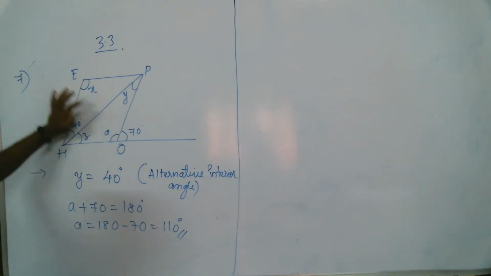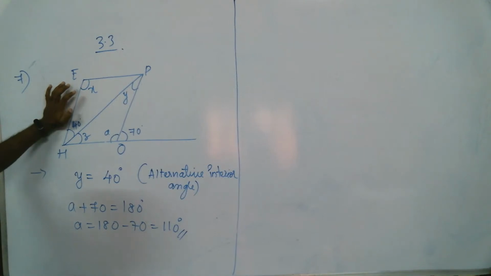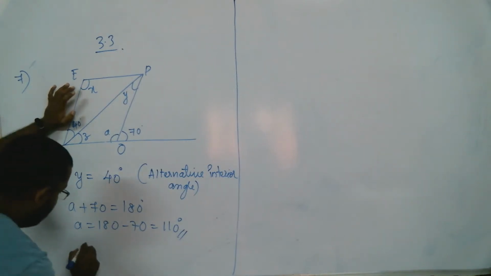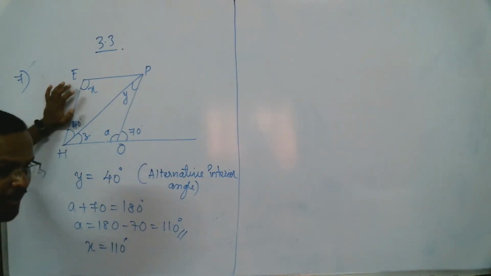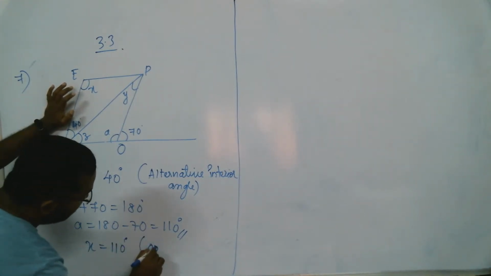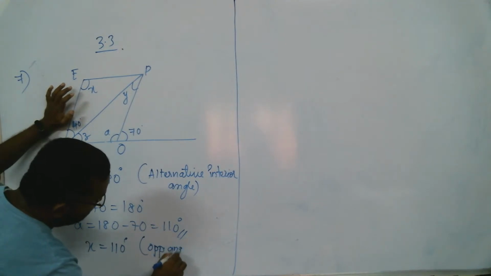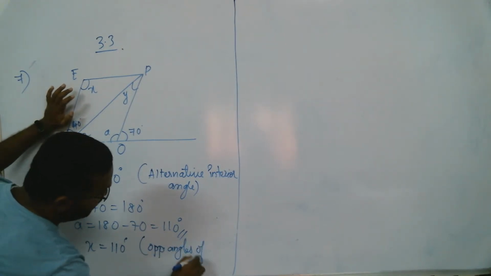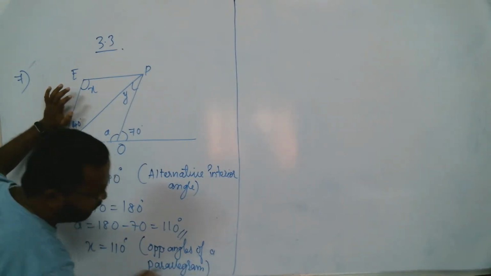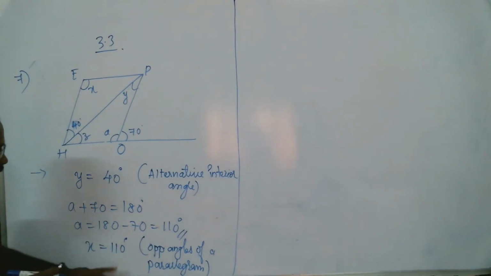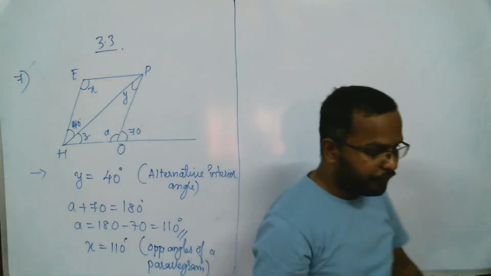Opposite angles are equal in a parallelogram. So x is also 110 because opposite angles of a parallelogram are equal. That's why angle x is equal to 110 degrees.